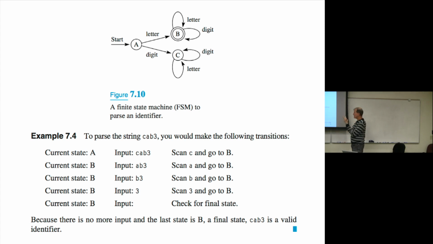Now, look, there's one more item of a finite state machine. One or more of these states has a double circle. Those of you who know about finite state machines, what is the state called that has a double circle around it?